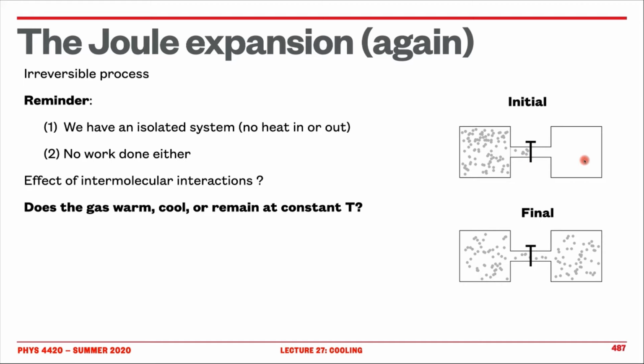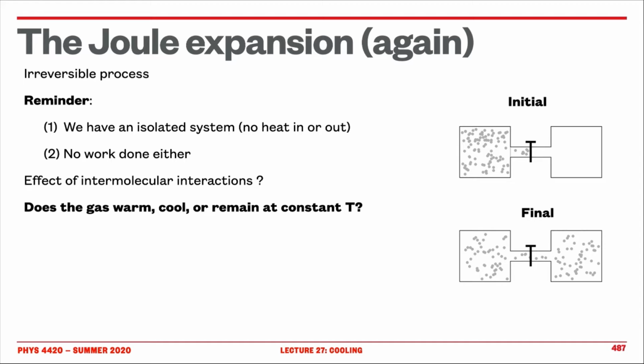So there is no heat exchange, there is no work done, therefore the total internal energy does not change. And we've seen this, and we've looked at a number of consequences for the ideal gas.